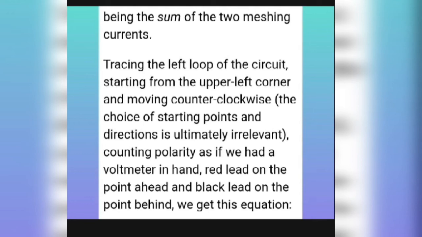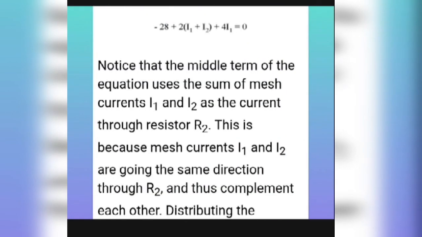Counting polarity as if we had a voltmeter in hand, red lead on the point ahead and black lead on the point behind, we get this equation: -28 + 2(I1 + I2) + 4I1 = 0.